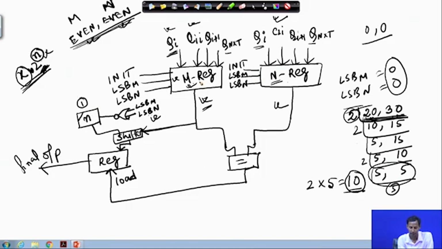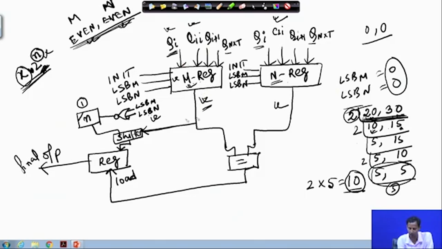Then the next value comes over here. The newer value of m is even and n is odd.